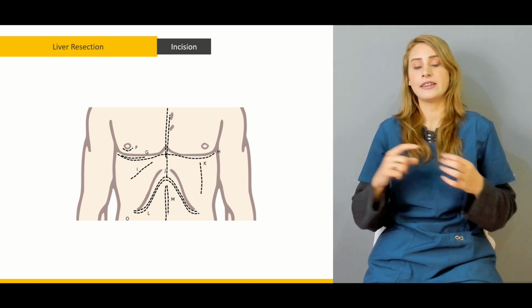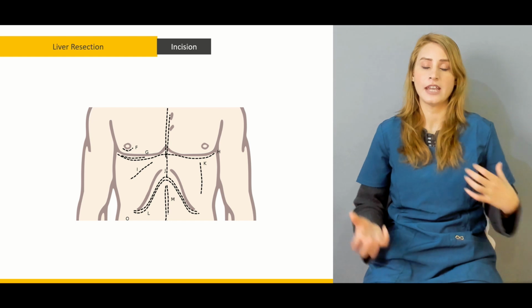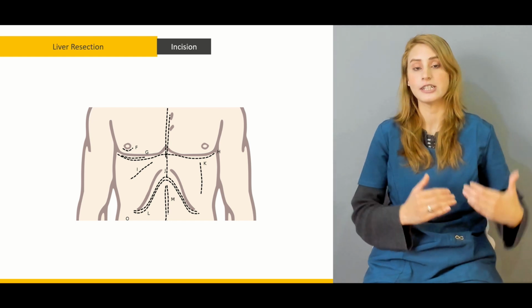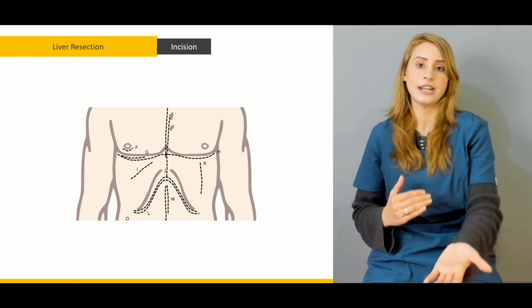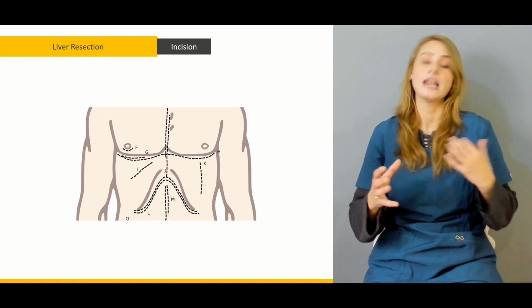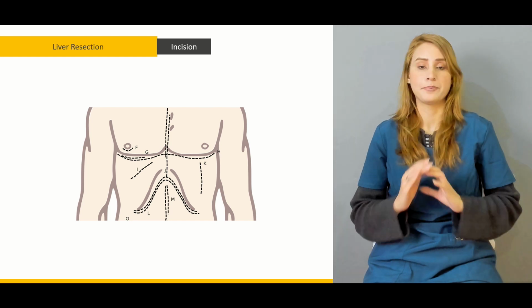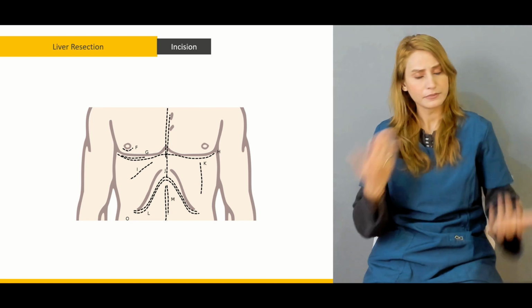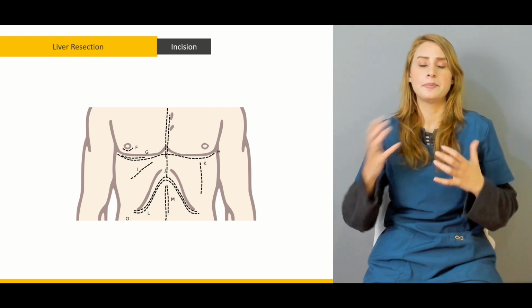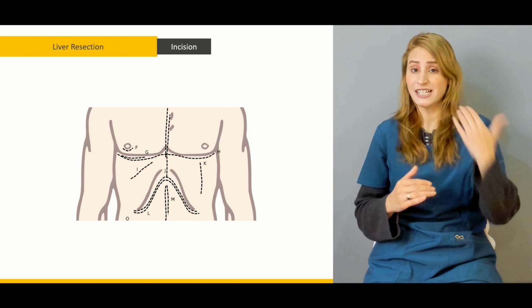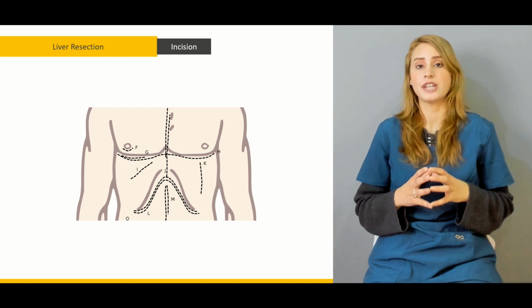Then you have to get exposure to the inferior vena cava, and ultimately you have to separate the hepatic veins that are entering into the IVC. And then obviously you have to go for the parenchymal resection. There are some important maneuvers and some surgical aspirators which can be used for that.